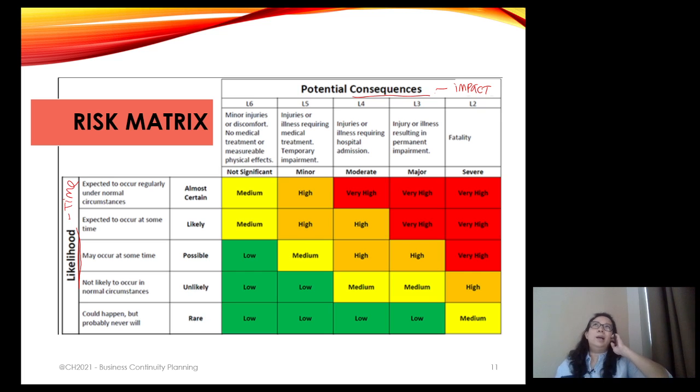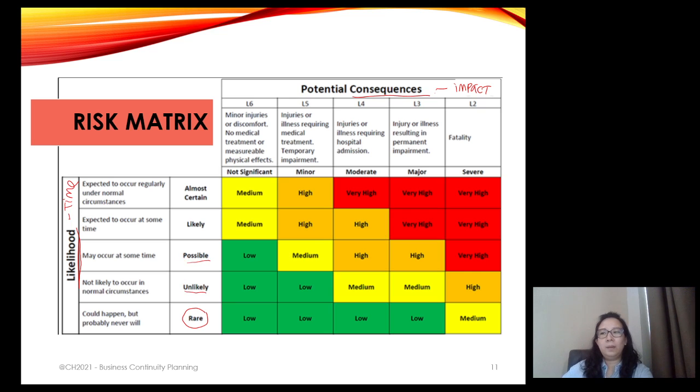Or maybe your business is in Lembang, which is quite high and usually there will be no flood. So we can put the flood as rare, because it probably never will happen. Okay, and how about the earthquake? Because Lembang is near the mountain, maybe it's possible to have an earthquake. So maybe we can put it as unlikely or possible.